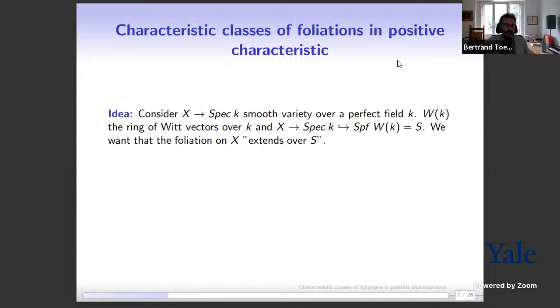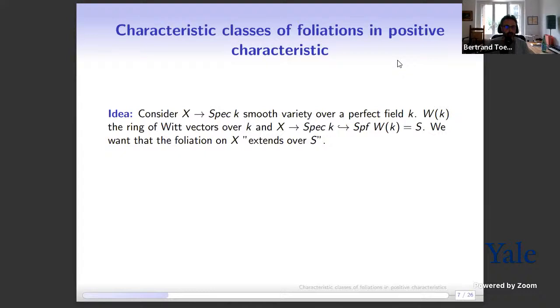Okay, well, so the basic idea is always the same thing in crystalline cohomology. You have your smooth variety over Spec K, K is a perfect field. You introduce the Witt vectors over K, W(K), and you look at X as a scheme over the formal spectrum of W(K), that I will call S. So now it's a very degenerate situation because X sits vertically on some kind of p-adic disk, right?